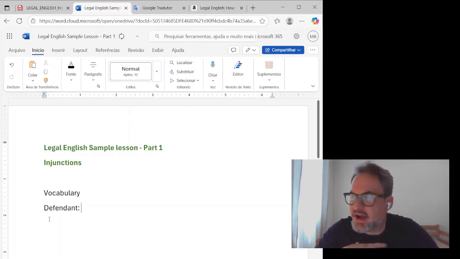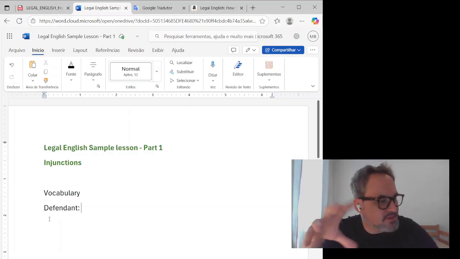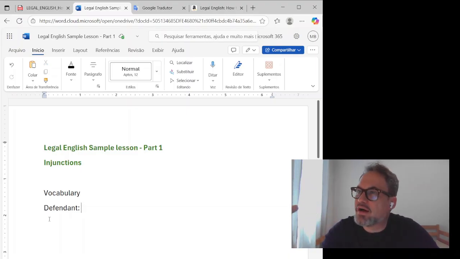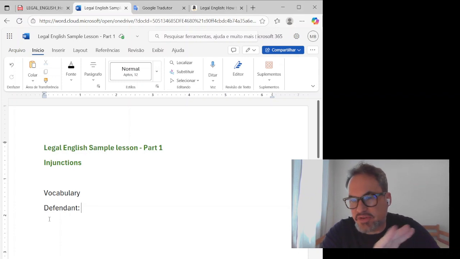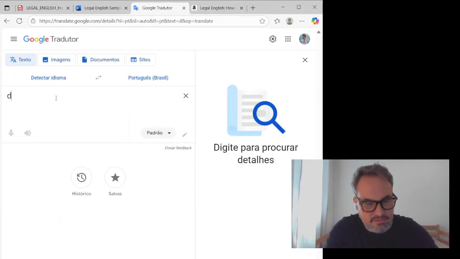It's my opinion. In some specific cases like this, when we need to improve our vocabulary quickly and to get many words in a short period of time, I recommend you to go to Google Translator and translate it into Portuguese because it's going to be easy to understand, right?